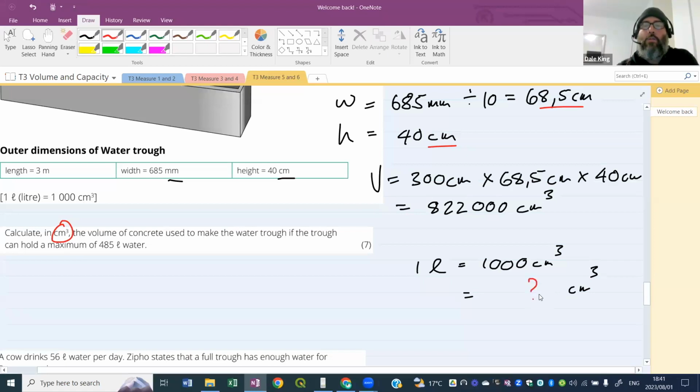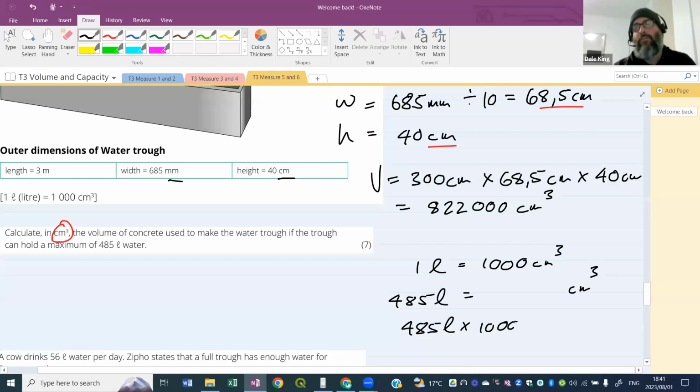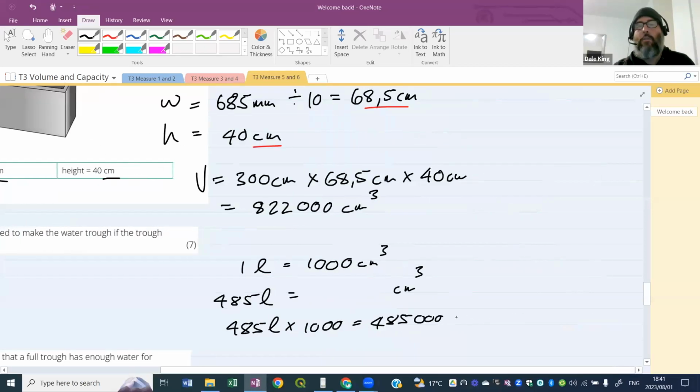So this is a question mark, and over here is 485 liters. Okay, good. So instead, we're going to say 485 times 1,000, which is going to give us 485,000. And this is centimeters cubed.